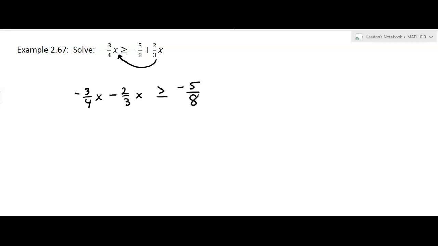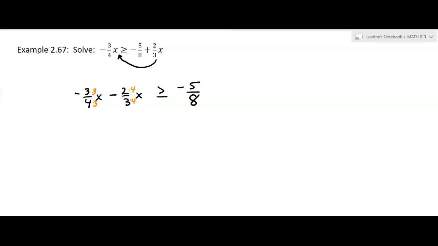Well, that's a messy little problem. Now, there's ways to eliminate the fractions, but the book didn't do it that way. And you can, you just multiply through by the LCD, but I'm just going to go ahead and do it with the fractions so you can see it. You'd get a common denominator, so you'd have to multiply by 3 here, and you'd have to multiply by 4 here.